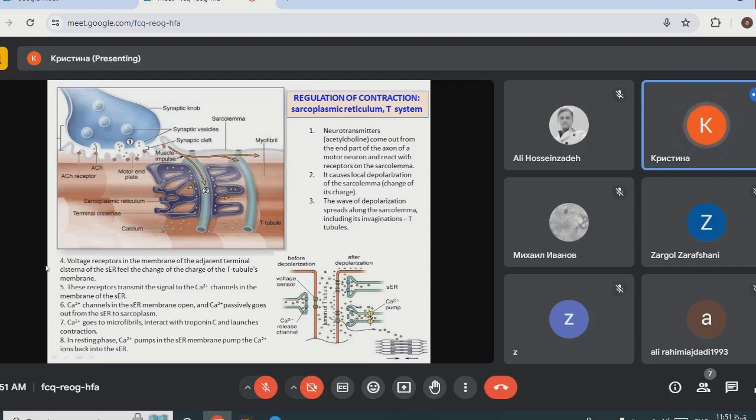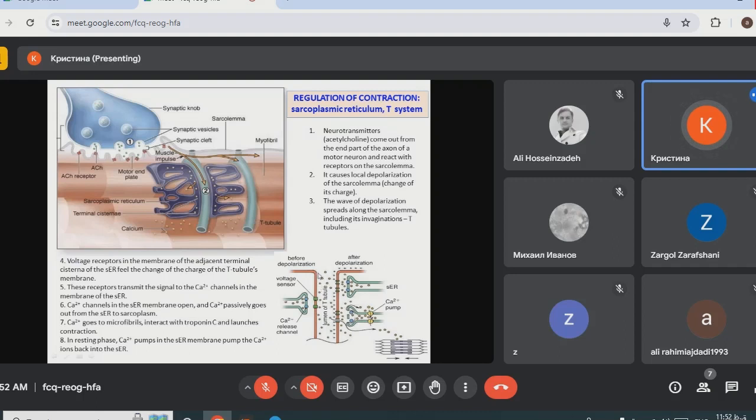Next, step 4. In this area, as you can see here, the L cisternae, terminal cisternae of sarcoplasmic reticulum, come close to T-tubules, L cisternae inside which calcium is located. So in the L cistern membrane we have voltage receptors that sense the change of the charge of the membrane of T-tubules.